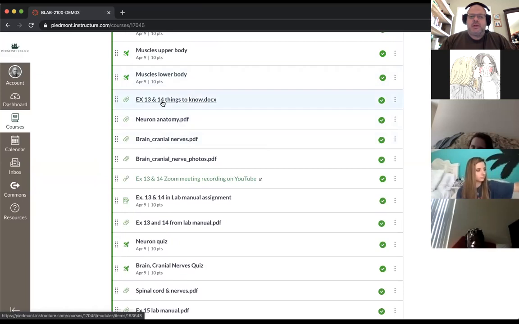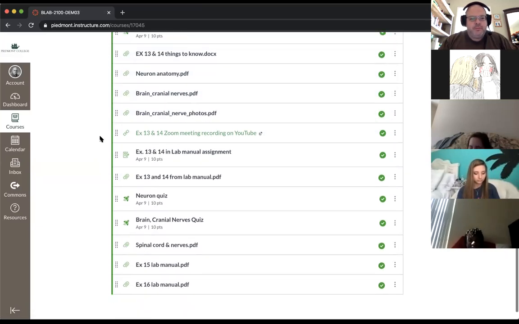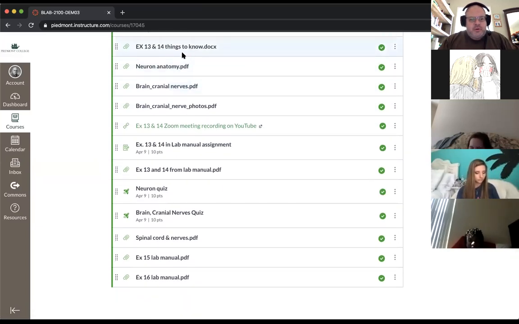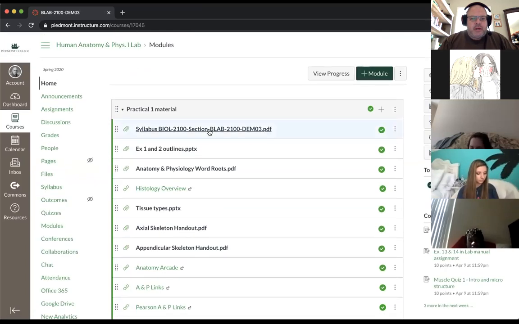I think I brought this up to you guys last week, maybe not. For exercise 13 and 14, some things to know. Again, this is just terms and structures that you want to pick out of exercise 13 and 14 in your lab manual. These are things that are on both these two quizzes, as well as will be on the practical.